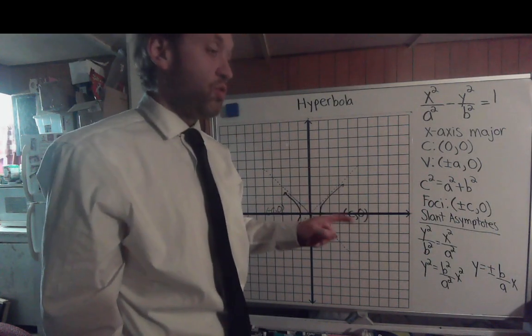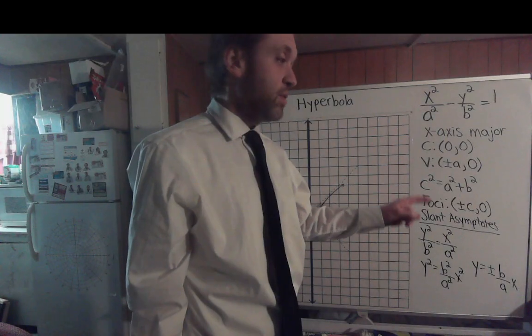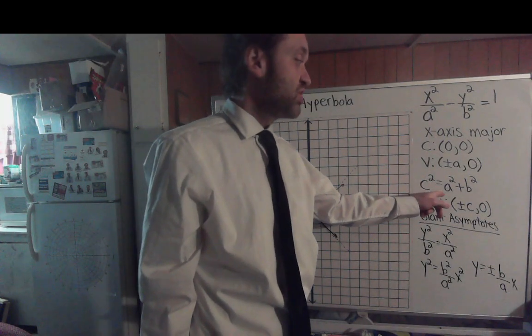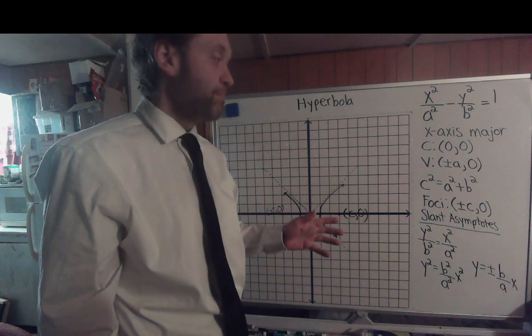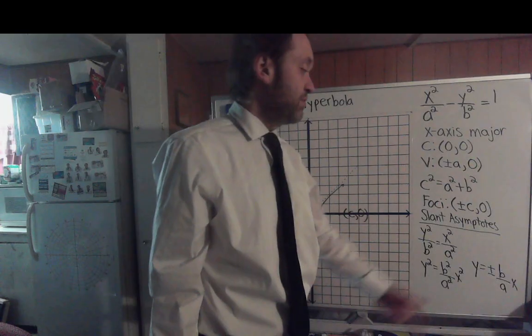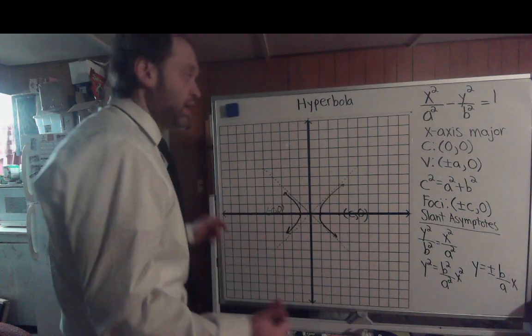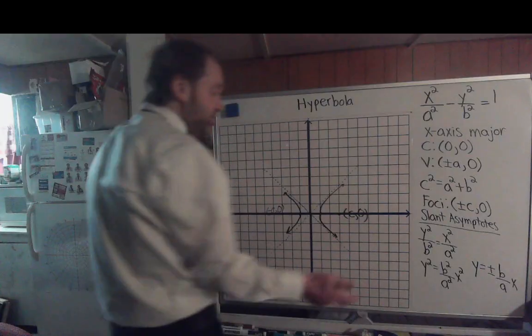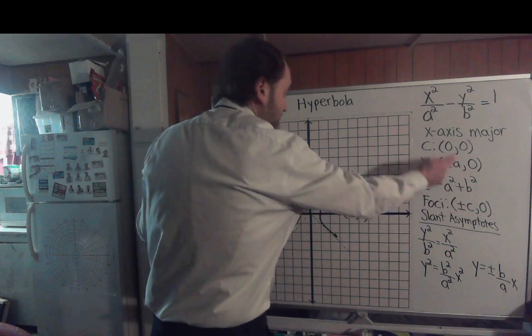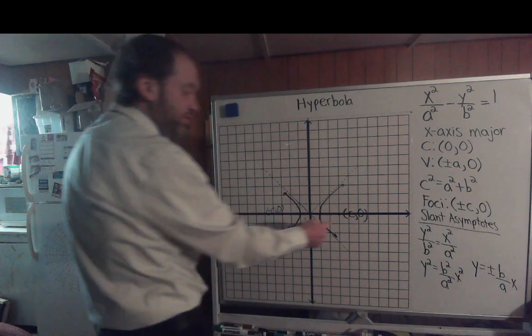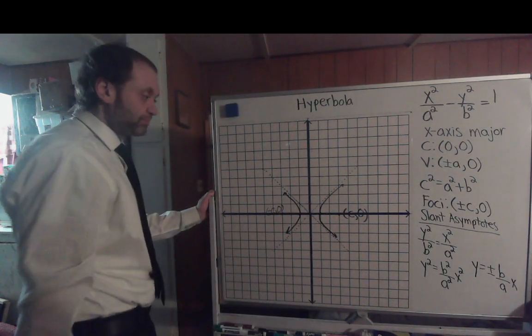This time the formula for finding the foci is c squared equals a squared plus b squared for hyperbolas. You find your value of c. Your foci, if the x-axis is the major axis, are going to be plus or minus c, 0. You have your foci out here.